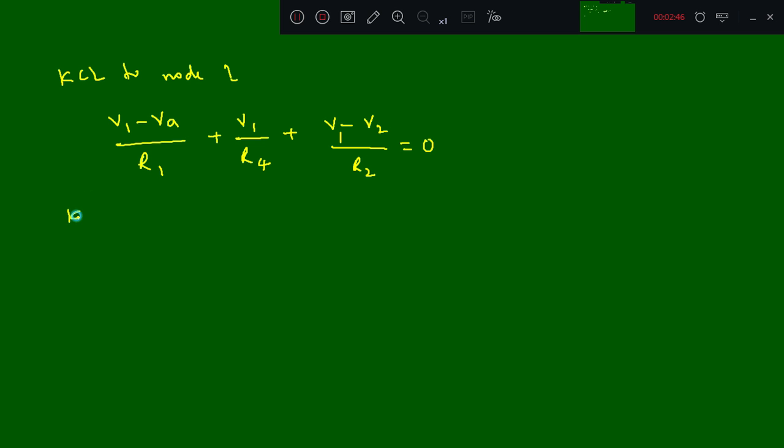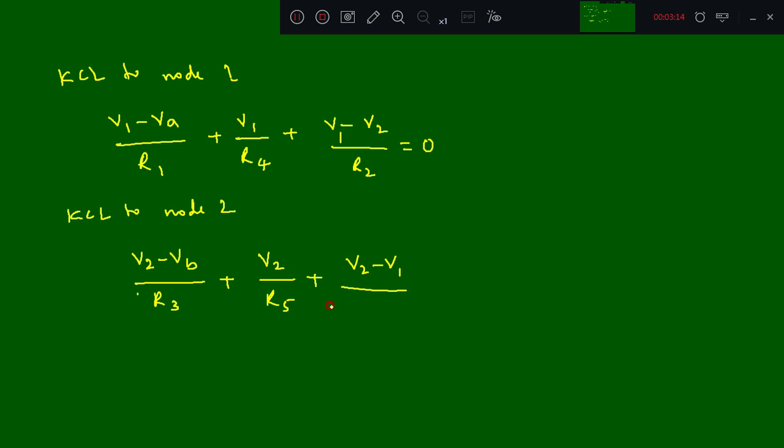Then if I apply KCL to node 2: (V2 minus VB) divided by R3, plus V2 divided by R5, plus (V2 minus V1) divided by R2, is equal to 0.